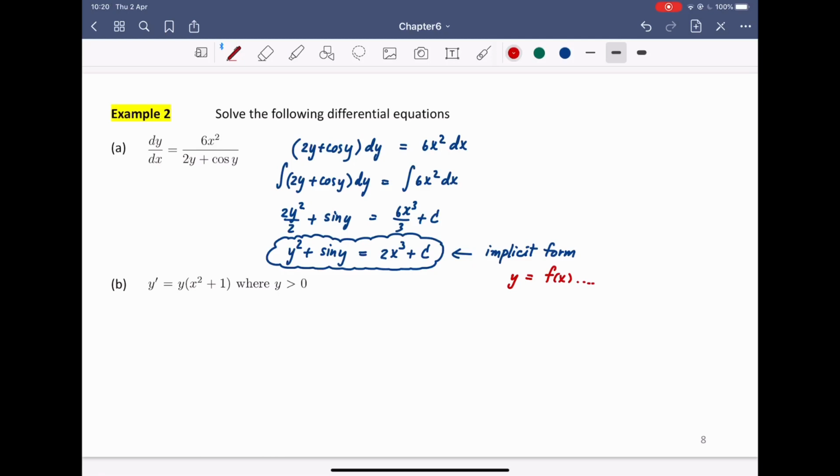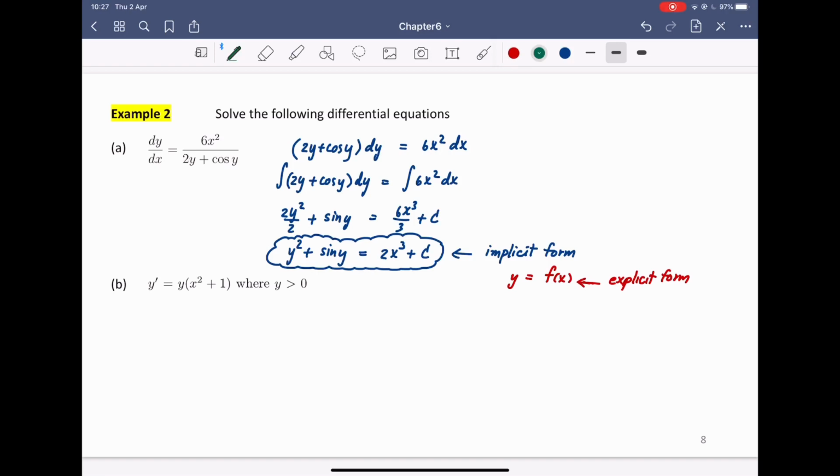If you can get y equal to something in terms of x, that is called explicit form. Sometimes you just cannot get explicit form because it is not easy enough to write. Here on the left hand side you have y squared plus sine y, so you just stop there, because if you solve for y equal to something, it's going to be messy.